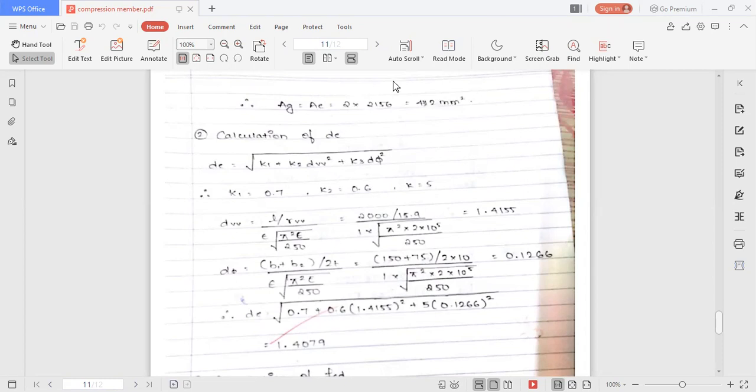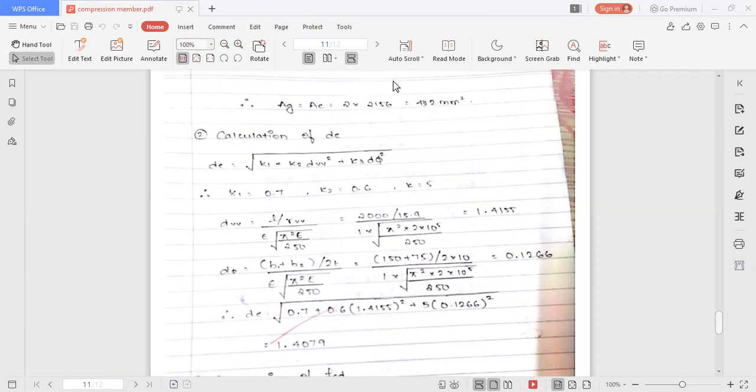Then how to take the values of K1, K2, K3 from the IS table? I have explained in the very first lecture how to take the values of K1, K2, K3 from the IS code. I think you forgot. Okay, I will tell you.